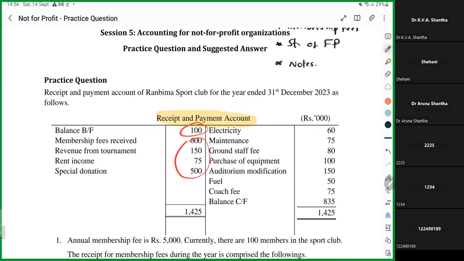Receipts are debited, like a cash account. Payments are credited. Then you have the end balance. So the receipts and payment account is like a cash account. Receipts debit, payments credit. You have the end balance.